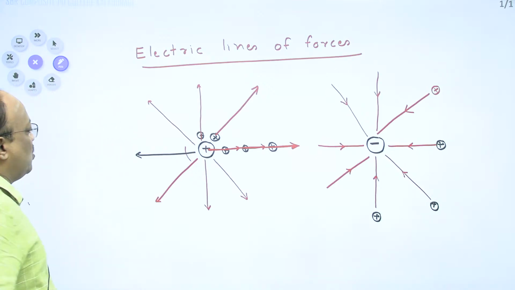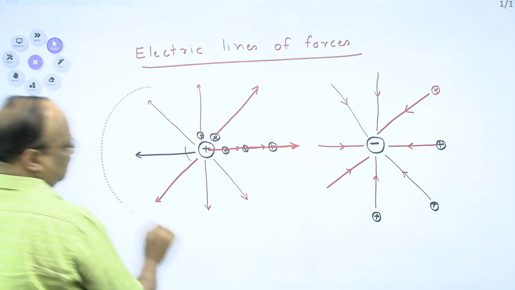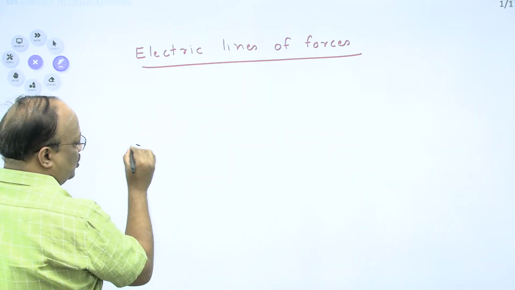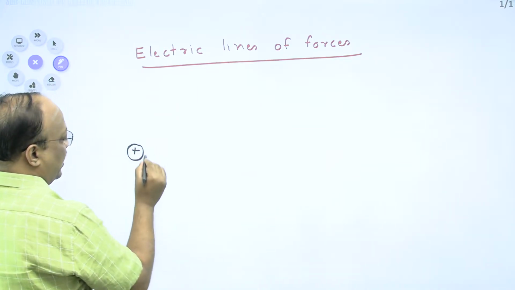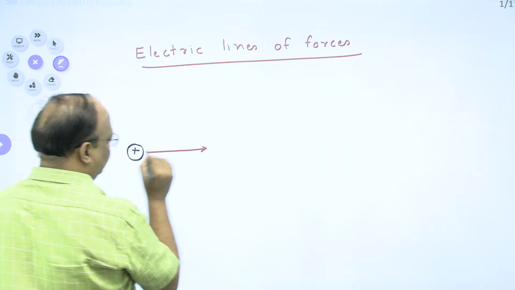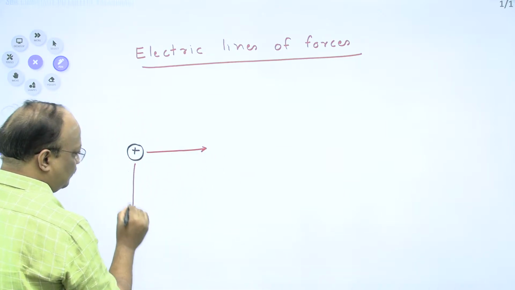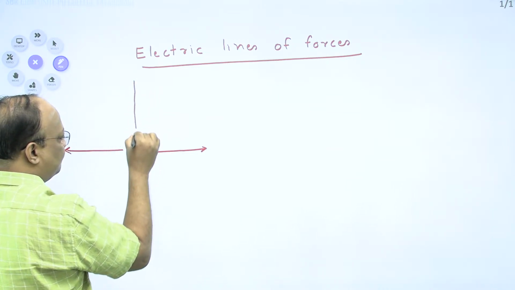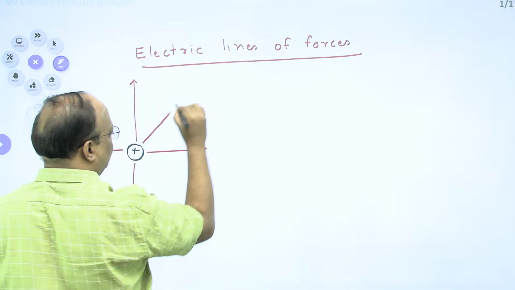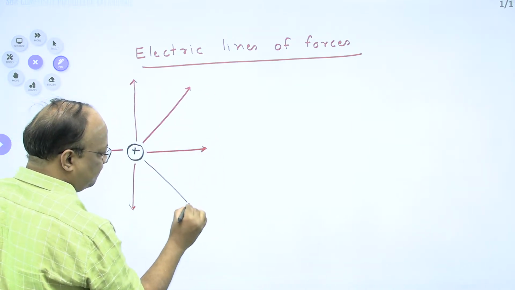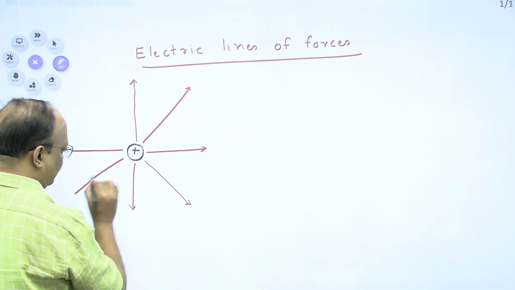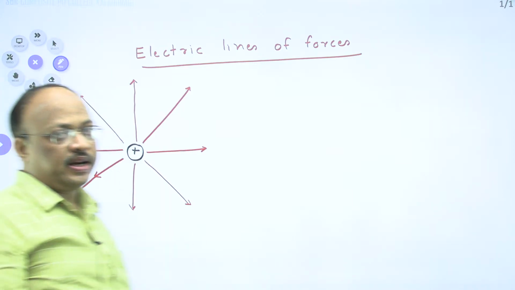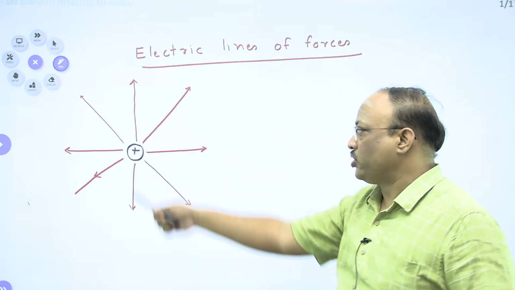So for an isolated positive charge, how will the electric lines of force be?